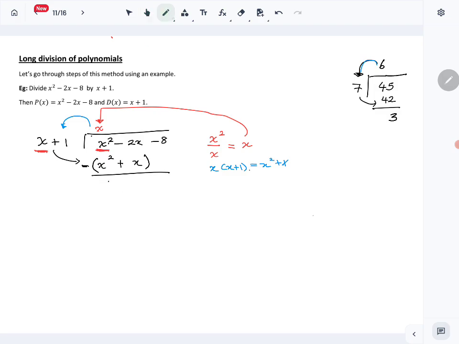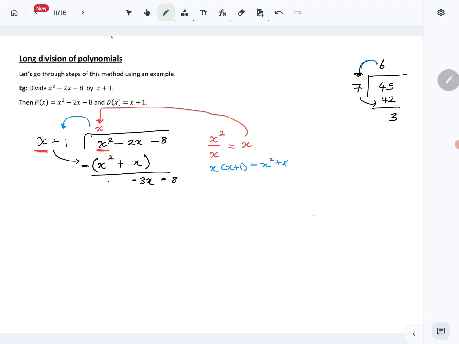So those two cancel. Then minus 2x minus x becomes what? Minus 3x. So be very careful about the signs. So it's minus 2x minus x, so that becomes minus 3x. Right. Then bring the constant down. There's nothing to subtract. So minus 8.